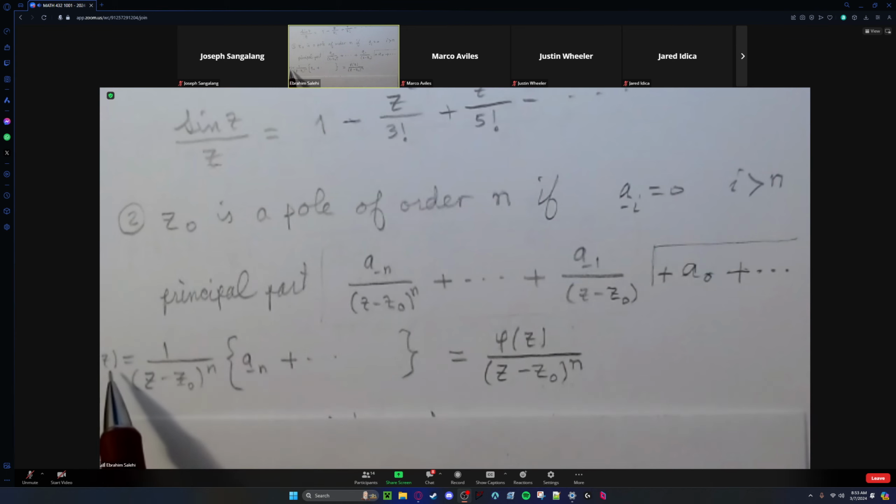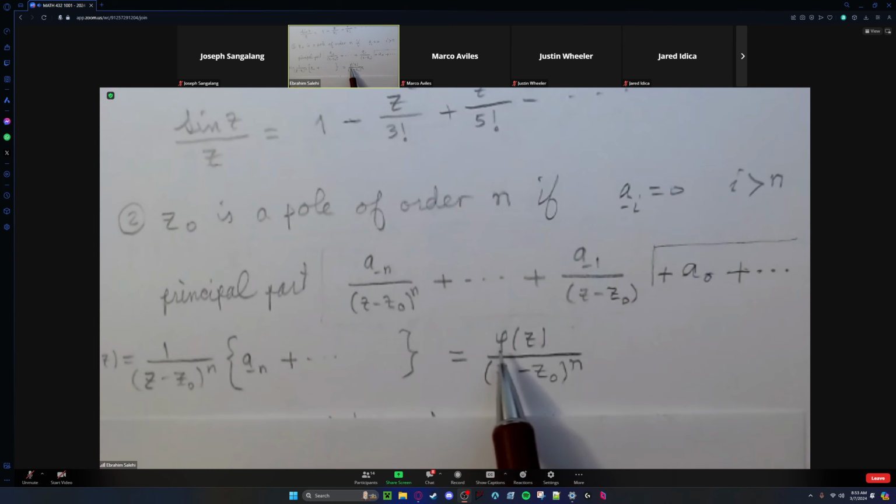A function has a pole of order n if and only if it looks like this. In the denominator, you have z minus z0, that isolated singularity, to the n. In the numerator, you have an analytic function at z naught, and it is not 0 at z naught.